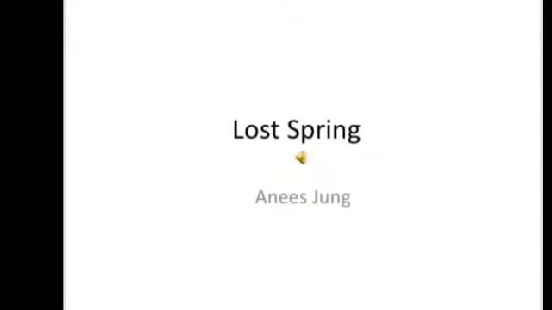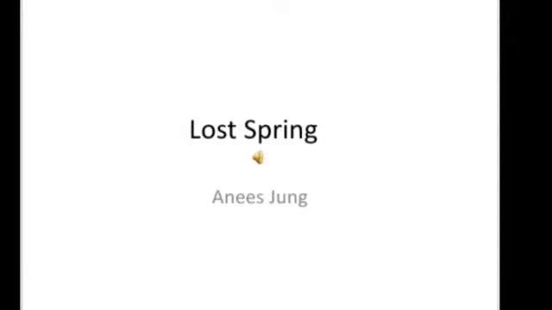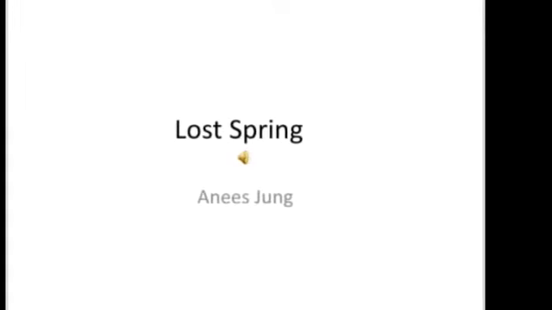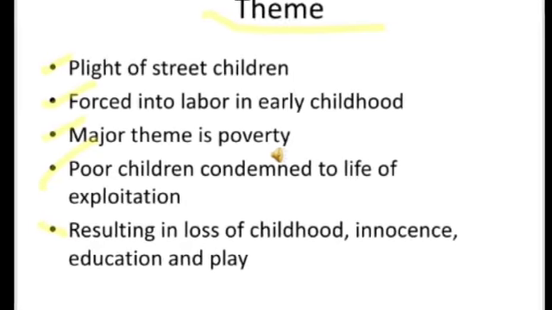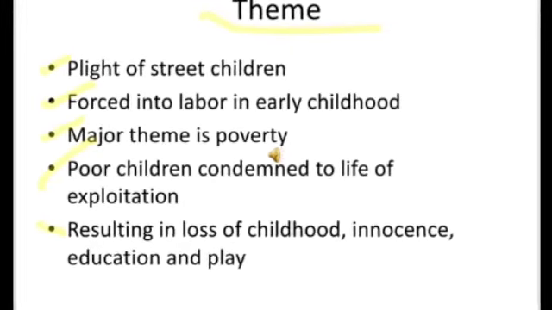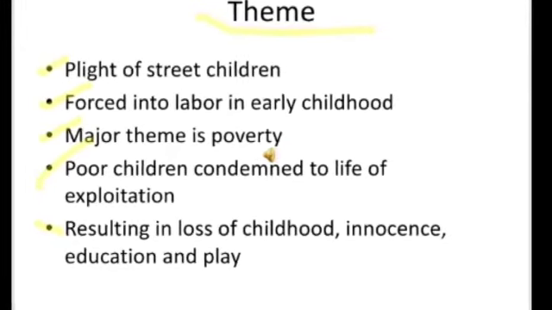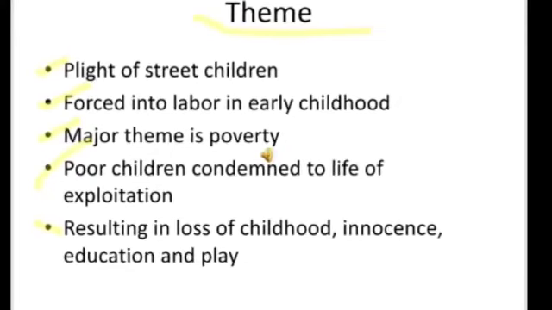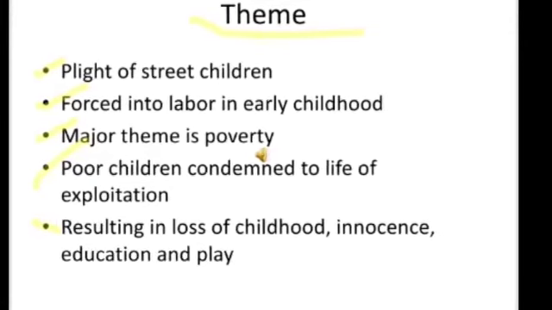We are going to begin the second chapter from Flamingo, Lost Spring by Anees Jung. As I told you earlier, let us begin with the theme of the lesson. The theme of the lesson is the plight of street children who are forced into labor in early childhood.